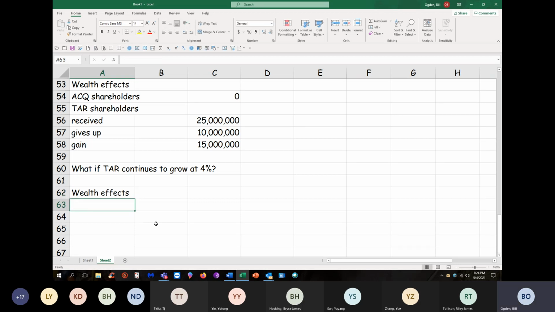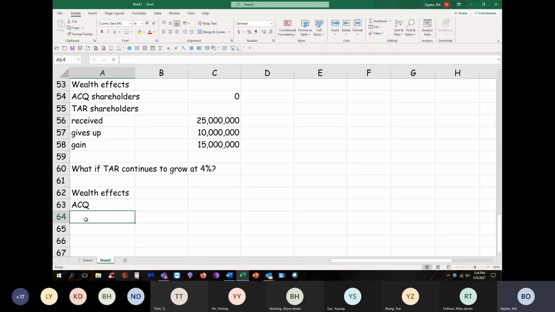All right. Let's start out with ACQ. If ACQ can grow TAR at only 4%, what's the combined value of the two companies now?